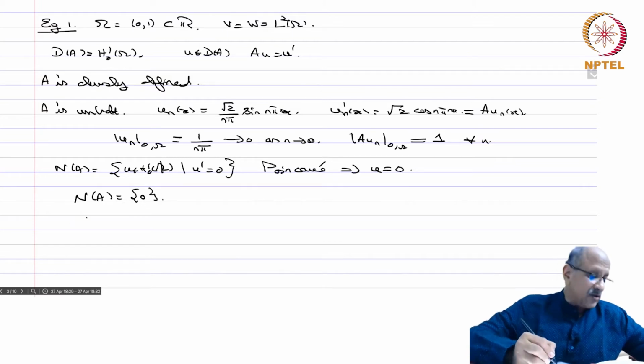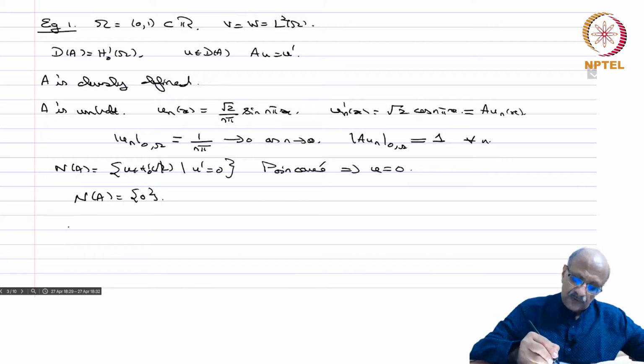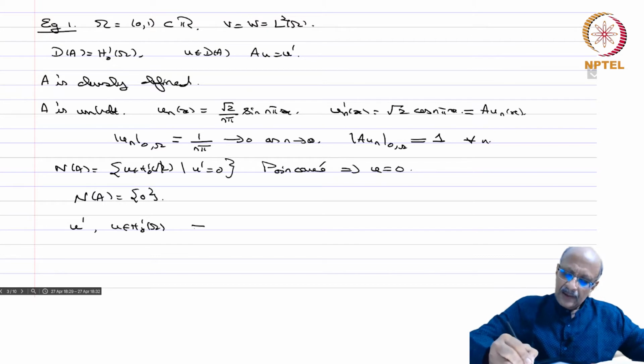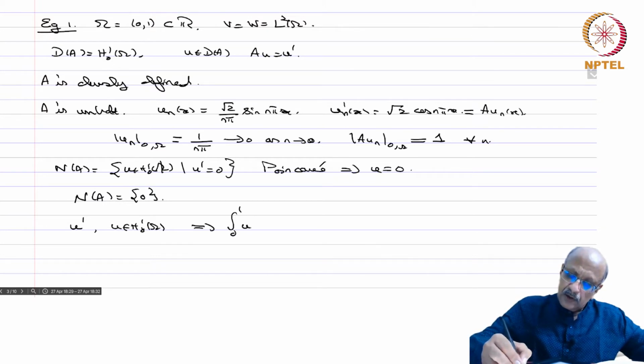Now, what about the range of A? So the range of A: if you have u' for u in H1 0 of omega, this implies that the integral from 0 to 1 of u'(t) dt is u(1) minus u(0), which is equal to 0.